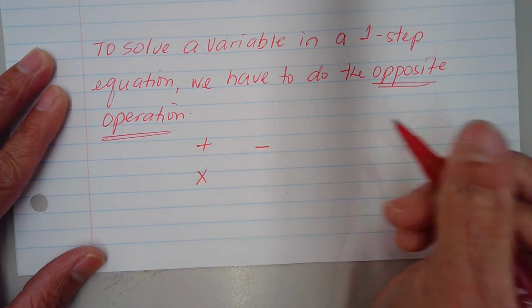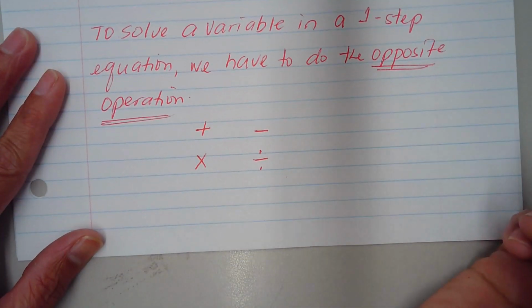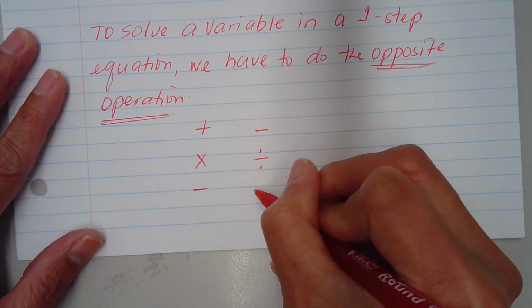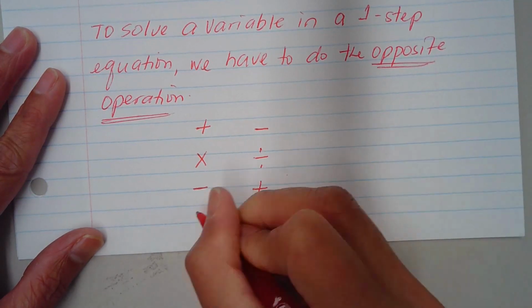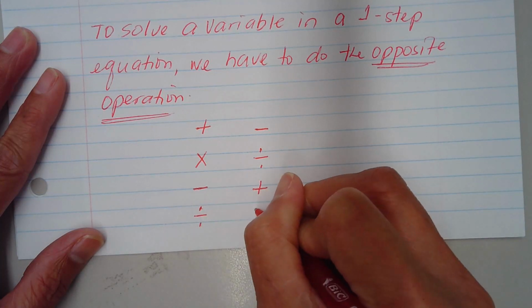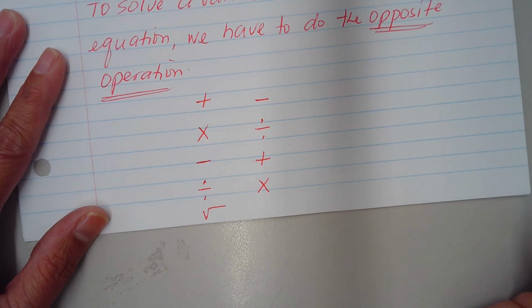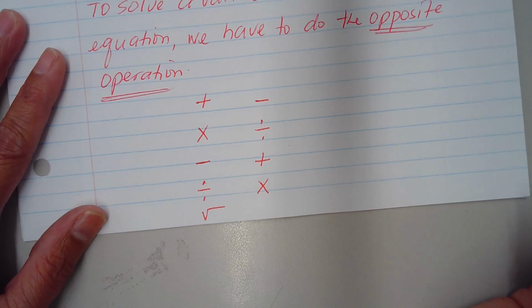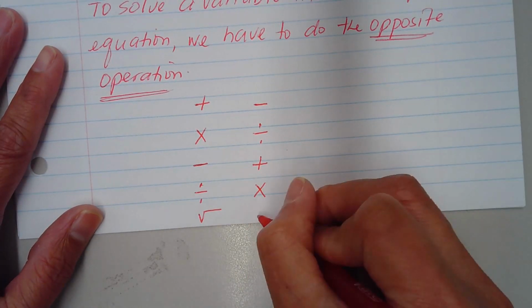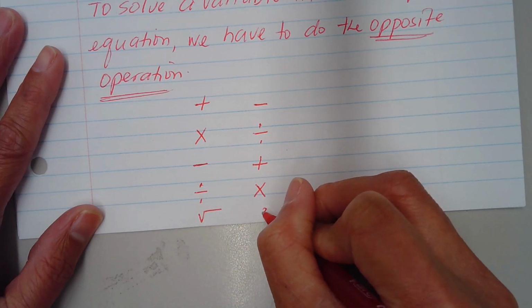When you see a multiply, when you see a subtraction, when you see a divide, you multiply. When you see a square root, you square.